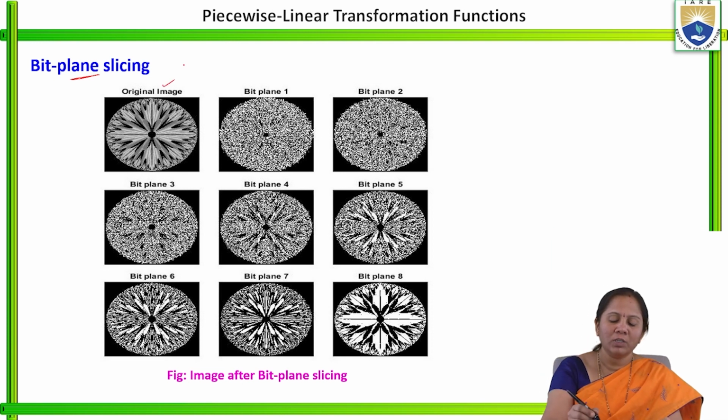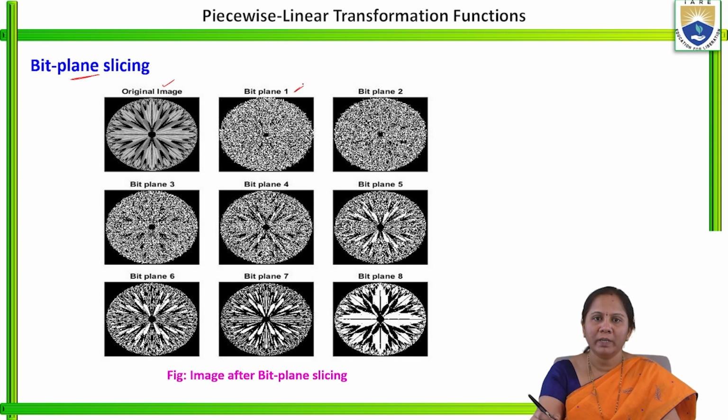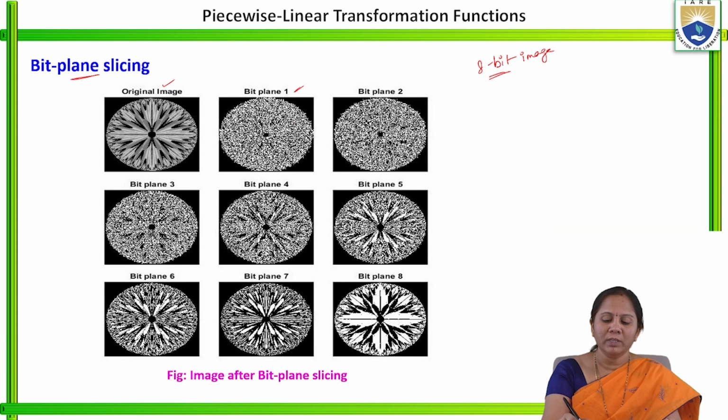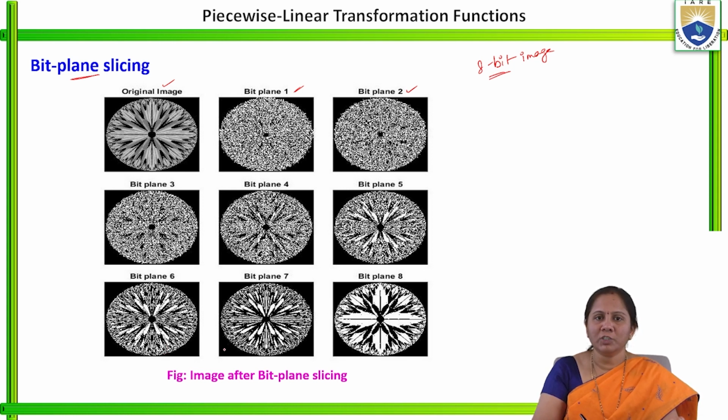So this is the original image. This image is stored on bit plane 1. If we consider what we have learned, that is an 8-bit image. Okay. So in bit plane 1, this is the image that is stored, and in bit plane 2, this image will be stored. If we consider bit planes 1, 2, 3, 4, 5, 6, there is not much information stored on these bit planes.